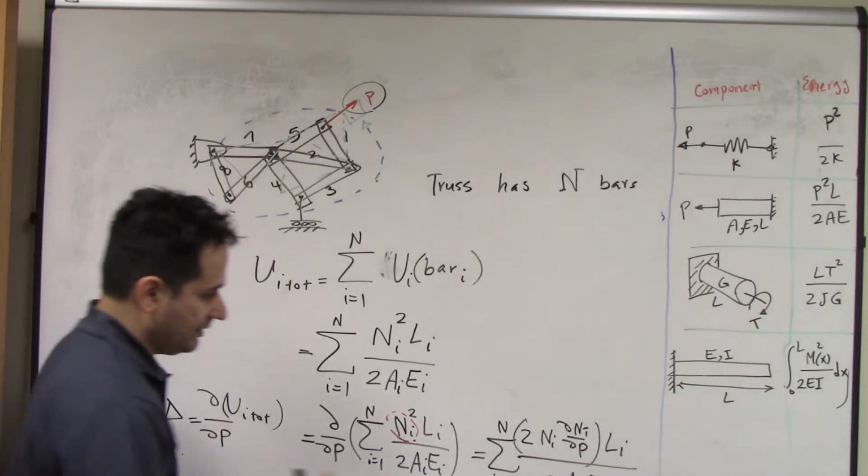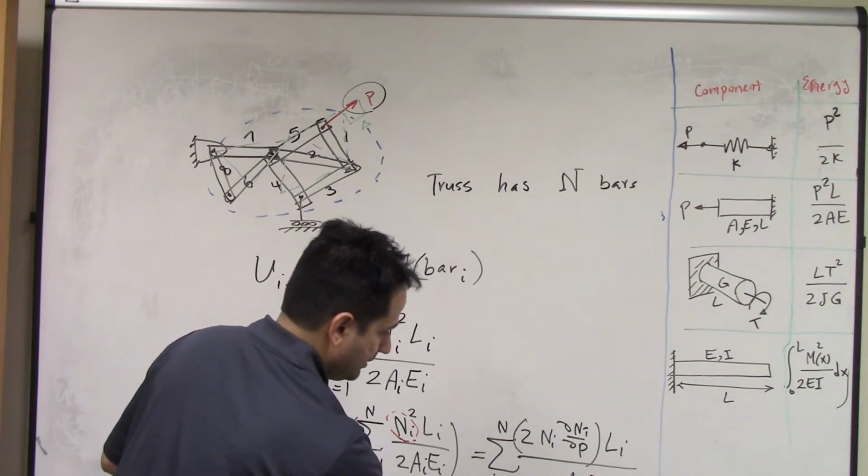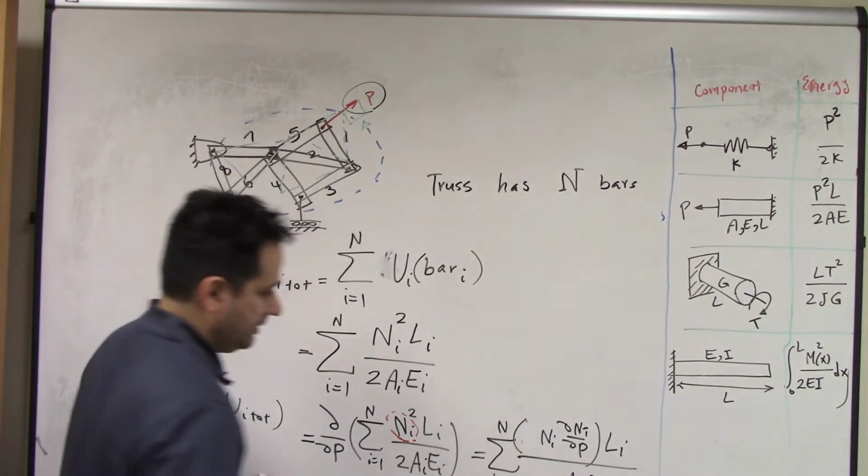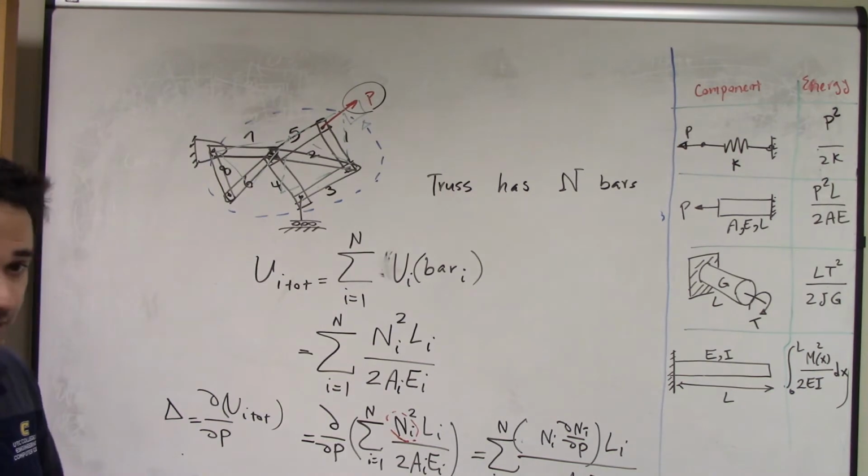So as you can see, the 2s cancel out, and you get a very simple formula.